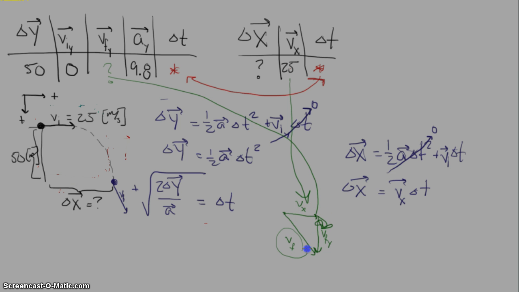And to find this one over here, I would need the Pythagorean theorem. So if you recall, the Pythagorean theorem says a squared plus b squared equals c squared, or in this case, vx squared plus vy squared equals vf squared. So vf is going to equal the square root of vx squared plus vy squared.